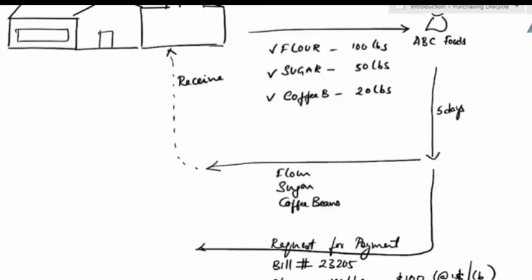Again, this comes as a paper invoice or an email, and it comes to my address. And that's the request for payment. So I have some time to clear this invoice.